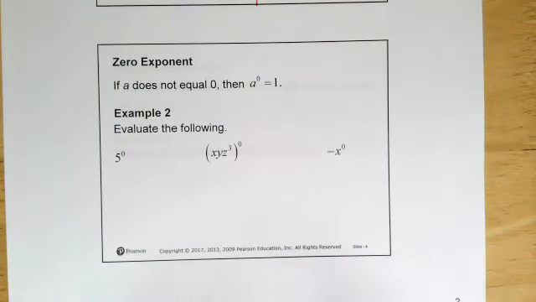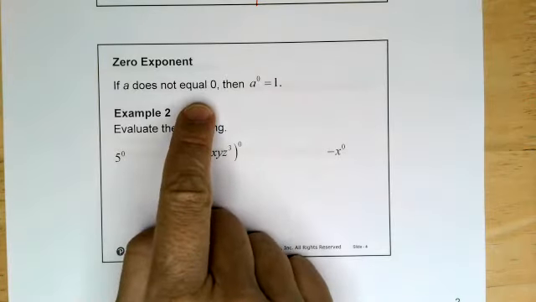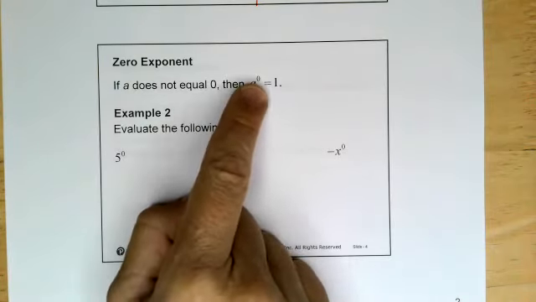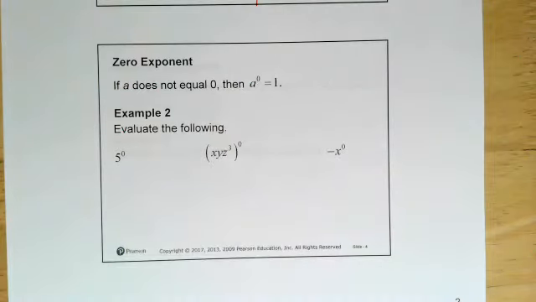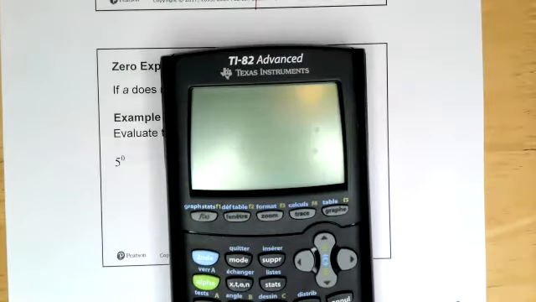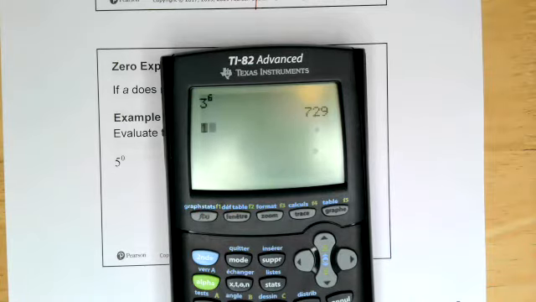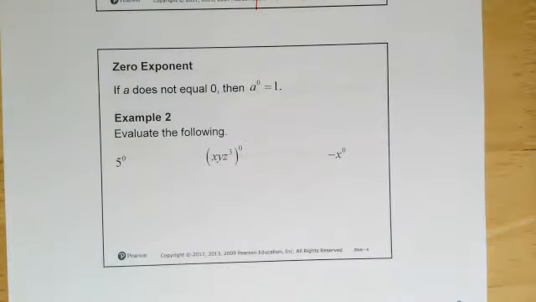The next rule is the zero exponent rule. Any number except 0 raised to 0, or to the exponent of 0, will give you a 1. Okay. Any number, 100 to the 0 power, oops, calculator's not on. 100 to the 0 power will give you 1. Negative 6 to the 0 power will give you 1. Any number raised to the 0 power will give you 1.